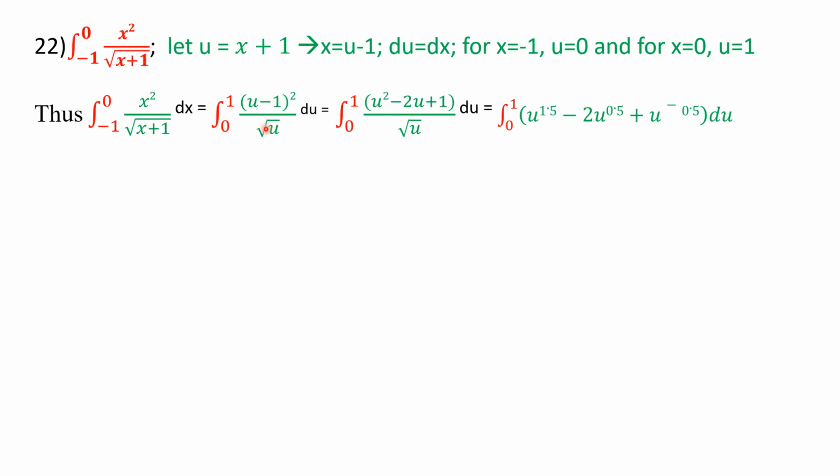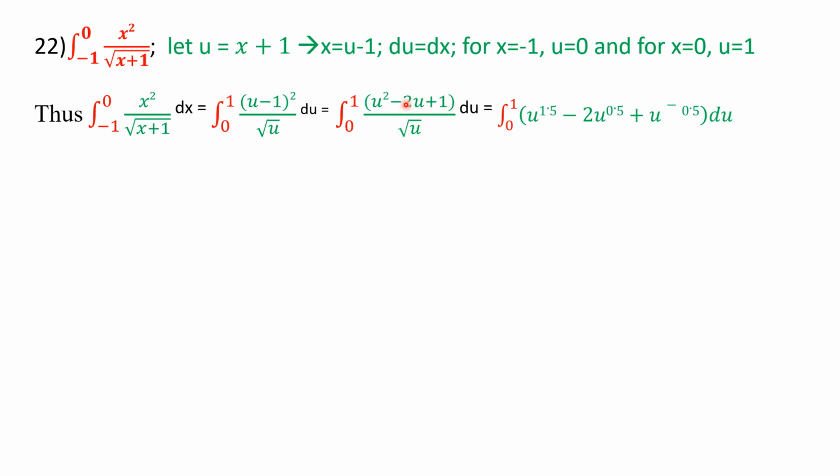We have to integrate, but before we do any integration, we have to expand the numerator. The numerator will become u squared minus 2u plus 1. Now we can still do the integration, but this is still a rational function.